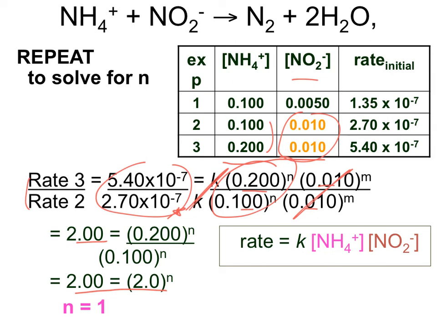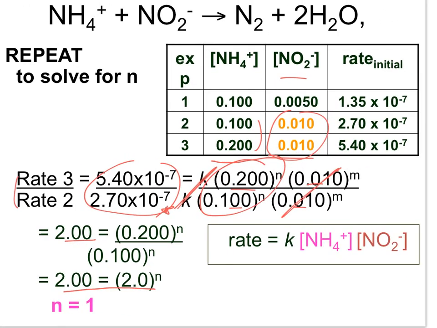So this reaction can now be described in several different ways. The rate of this reaction is first order with respect to our NH4 plus, and it's also first order with respect to our NO2 minus, and we know that because of our exponents. Now, our overall order of our reaction is going to be related to the sum of those exponents.